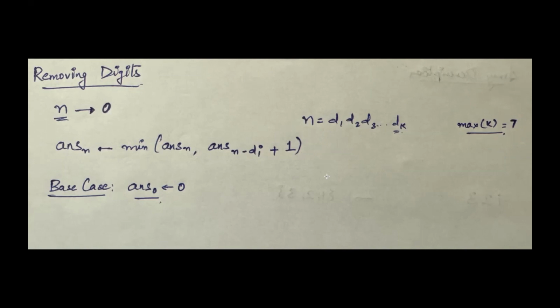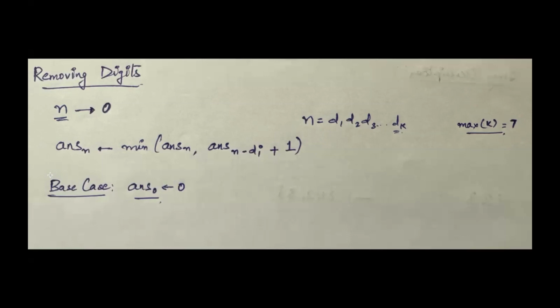Here we are trying to sort of do the reverse of the same problem, which is that we are trying to go from n to the number 0. So if you have, say, a coin di, you will subtract it from n, and the number of steps which you will take for n minus di to reach 0, your n will take one more step than n minus di, because subtracting di will consume a step, and hence answer of n will simply be minimum of answer of n and answer of n minus di plus 1.